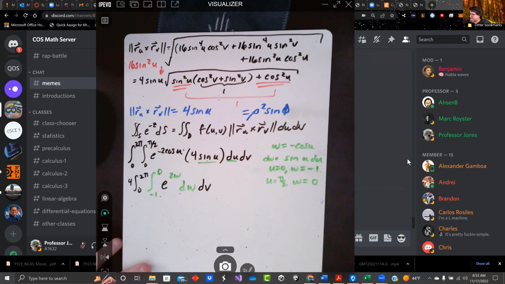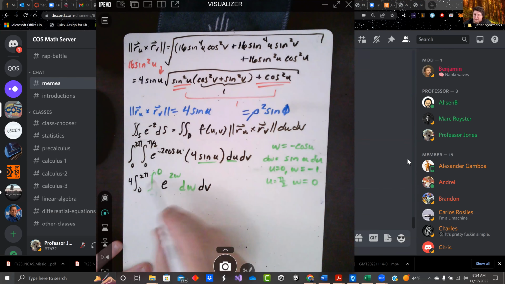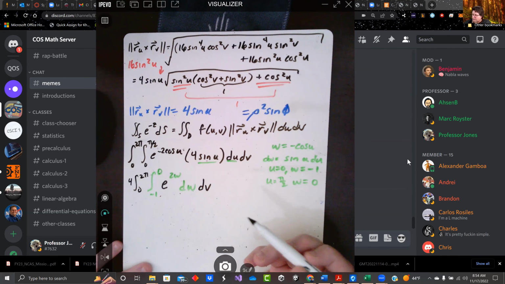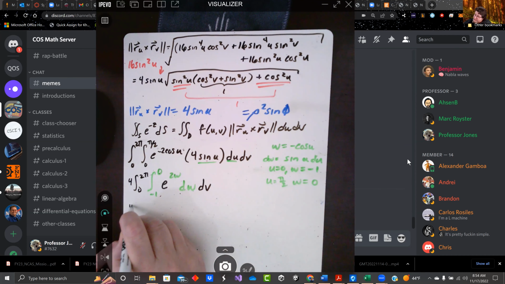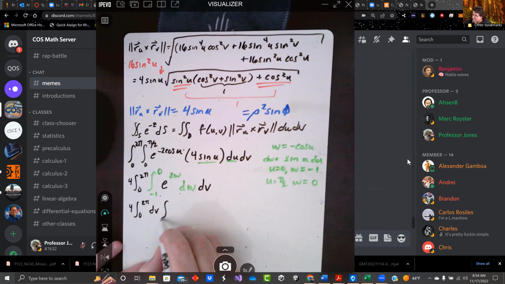And Lawrence spotted something that'll speed up the problem. The limits of integration have no variables in them, and we have no plus sign or minus sign in our function. This is separable. So I can turn this into 4 times the integral from 0 to 2 pi of dv, and the integral from negative 1 to 0 of e to the 2w dw.